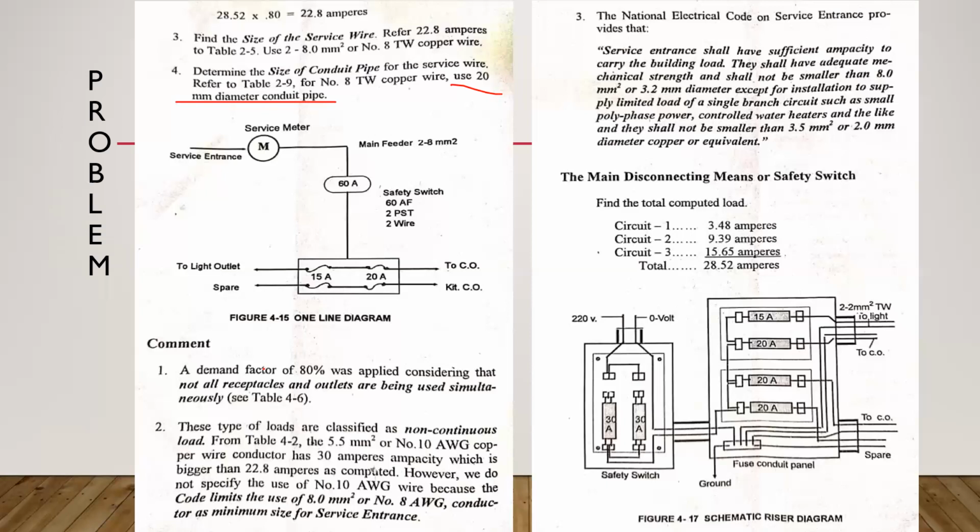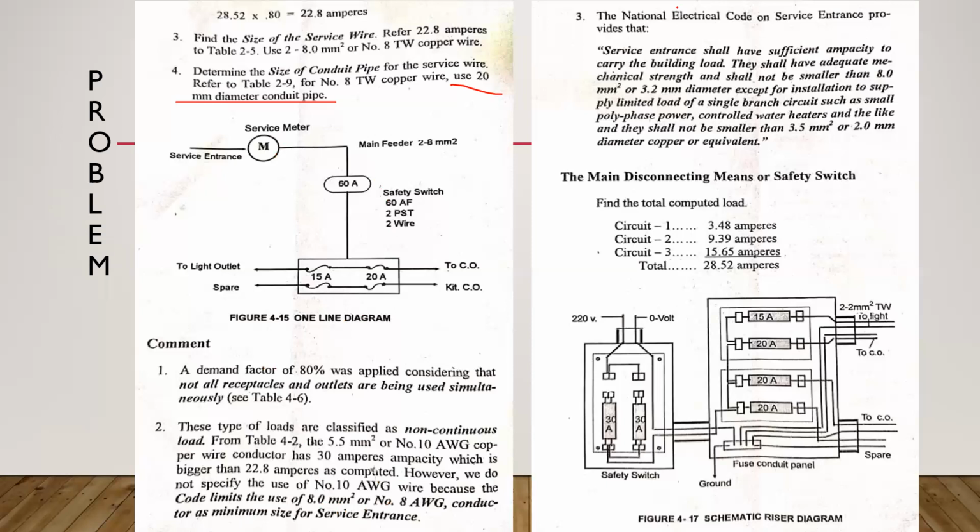However, we cannot do that kasi the code limits the use of 8.0 mm or number 8 na copper wire as the minimum size of the service entrance. So, kahit na maliit yung computation natin, since yung minimum size of service entrance is number 8 conductor wire.